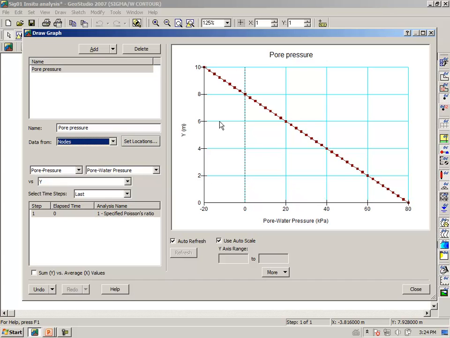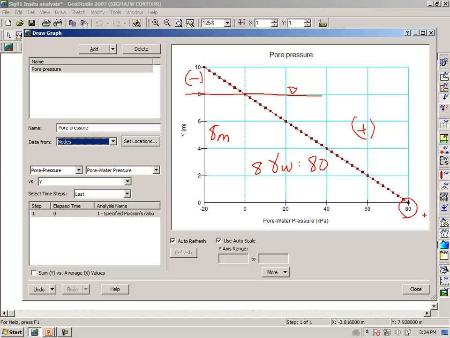As we can see here, here is the specified water table where the pore pressure is 0. It's negative above the water table and positive below the water table. This distance is 8 meters, so 8 times the unit weight of the water is equal to 80, which is the pore pressure at the base of the profile.